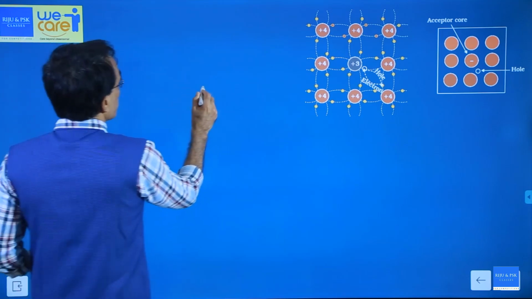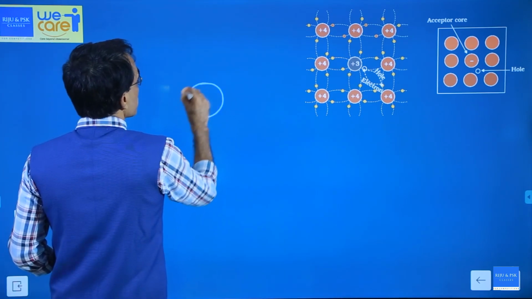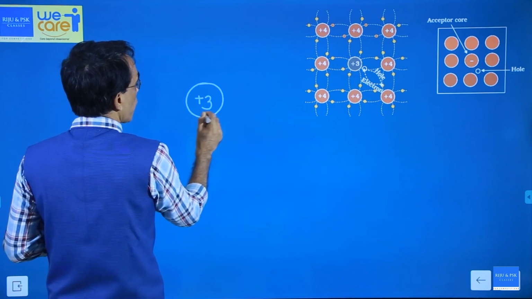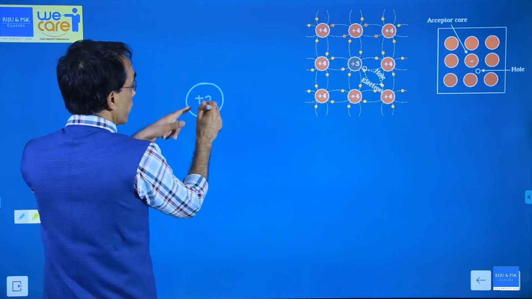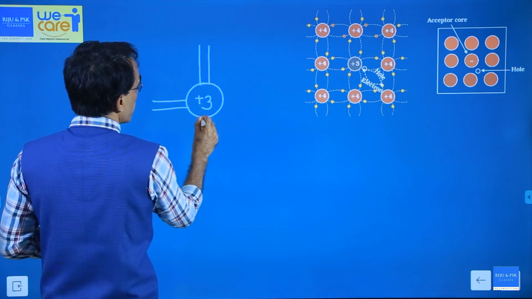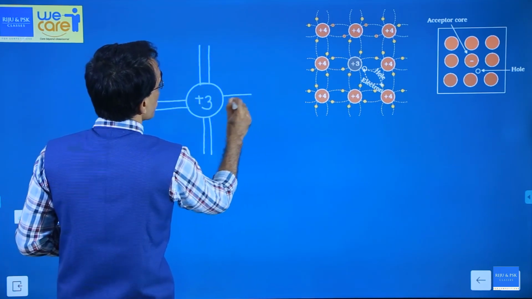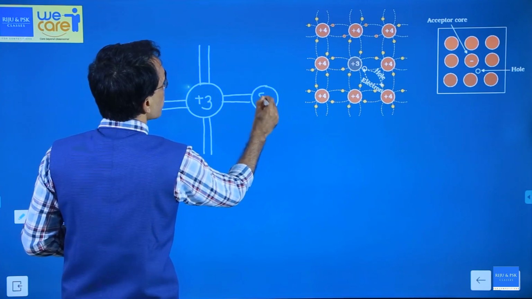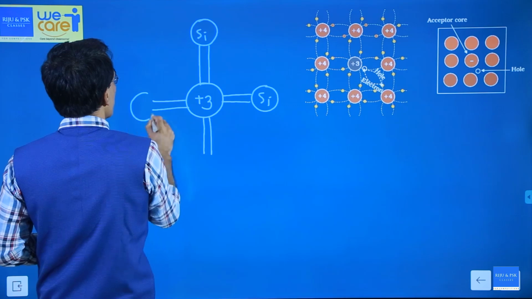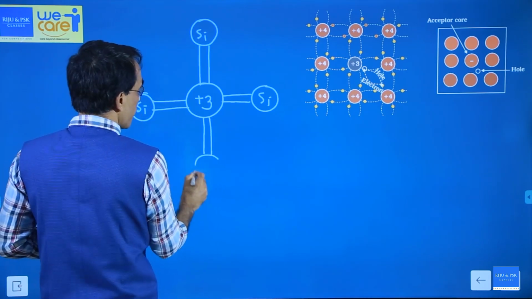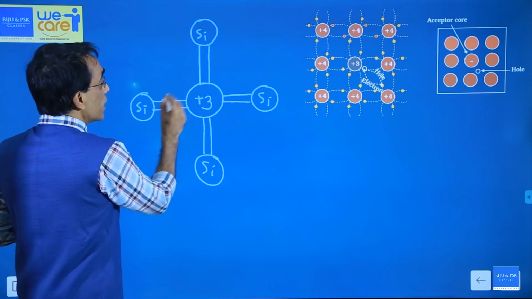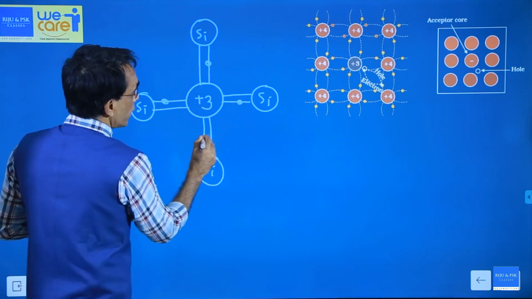Now the idea was this: the indium atom with the effective +3 core for the outer shell. I told you why it is +3. It wants to make a covalent bond with the neighboring 4 silicon atoms. So there is one silicon, there is one silicon, there is one silicon, and there is this 4th silicon. Each silicon will give 1 electron for the covalent bond.